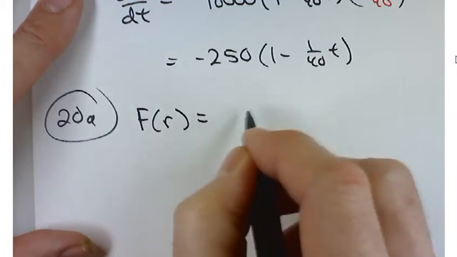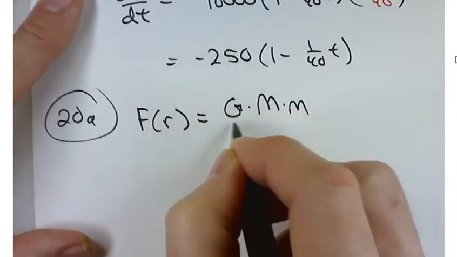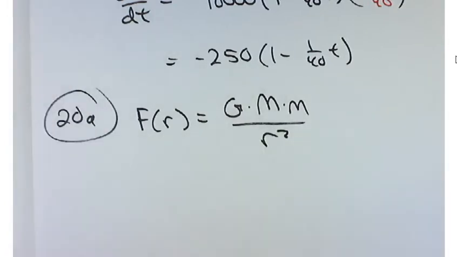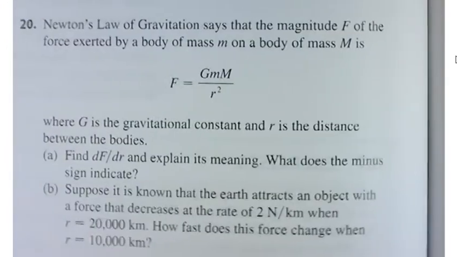F of R is G times capital M times little m divided by R squared. Wow. What on earth is that? That's Newton's Law of Gravity. I'll just plop this down here real quick. We're just going to look quickly at the first part of this.